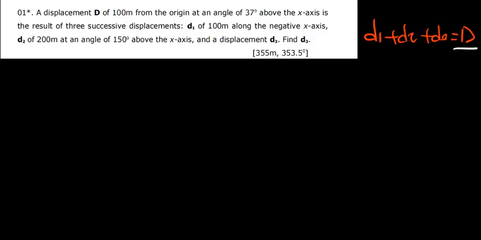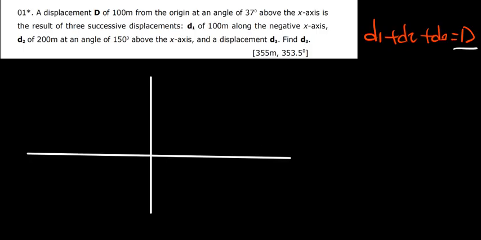Now, like I said, the first thing you need is to come up with a free body diagram. When you've been given a question, come up with a free body diagram. For a free body diagram, you can use the xy plane. So we have been told that we have a displacement D, which is the capital D, 100 meters from the origin at an angle of 37 degrees above the x-axis.